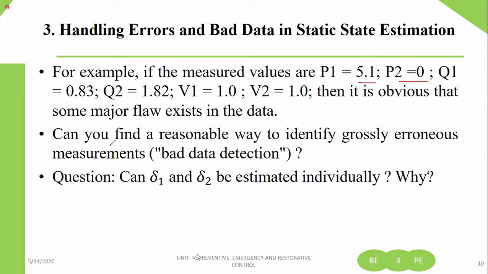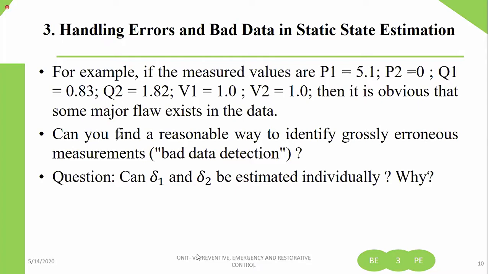Then it is obvious that some major flaw exists in the data. Normally you will not have P2 as 0, you have P2 as 1, but how did it come out to be 0? Sometimes when we collect the data we make this type of error. There is a major flaw in the data. So in such a case, the above two methods, averaging and minimizing, will not work.